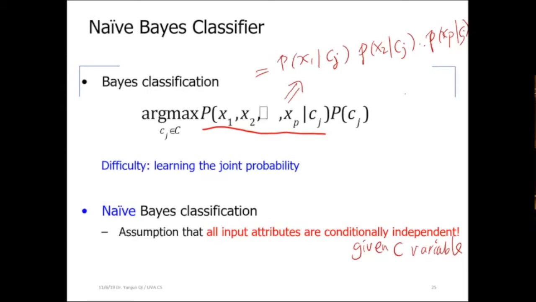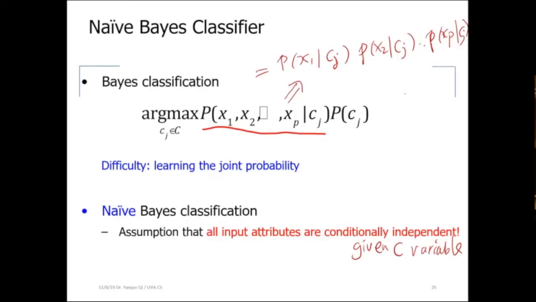I just assume all these variables are conditionally independent from each other. If you still remember the conditional independence assumption, when variables are conditionally independent, this joint probability equals a multiplication of each variable conditioned on that specific class variable.